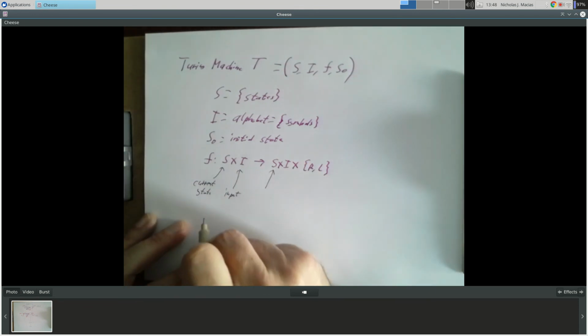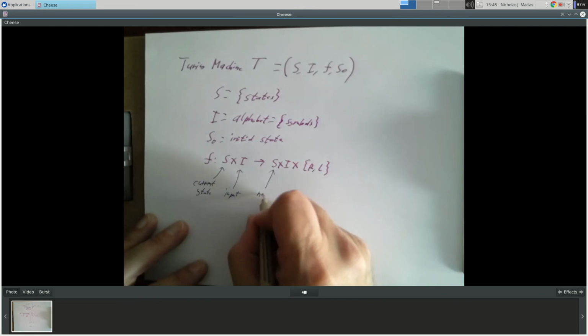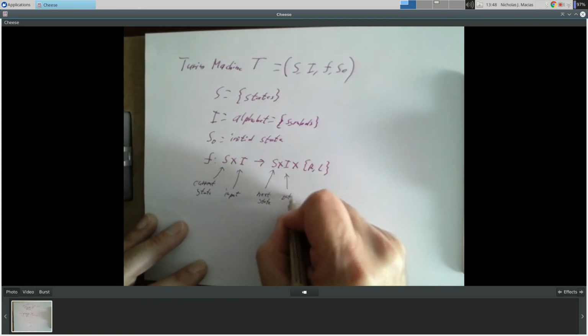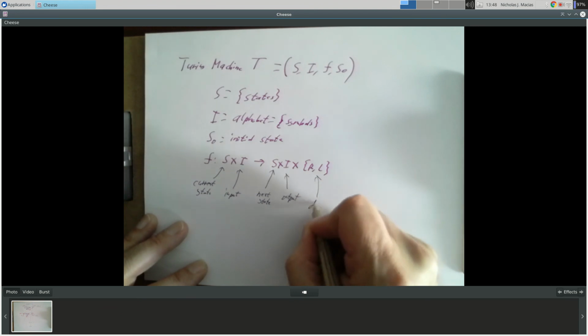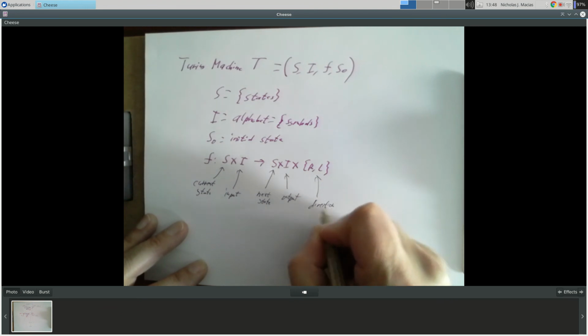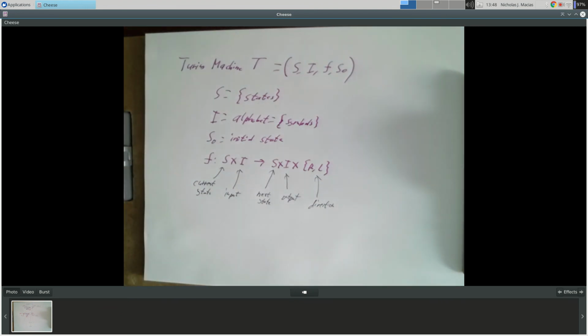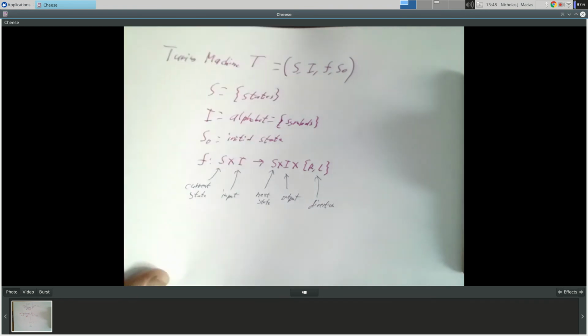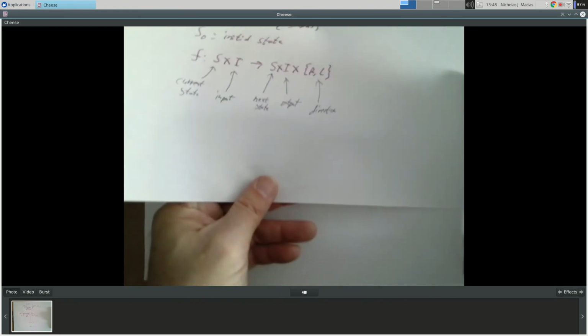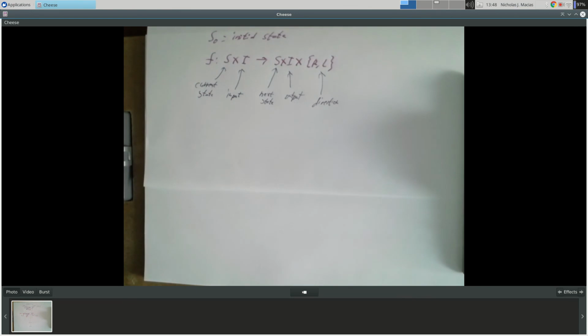And F takes us from a current state and an input into a next state, an output, and a direction.